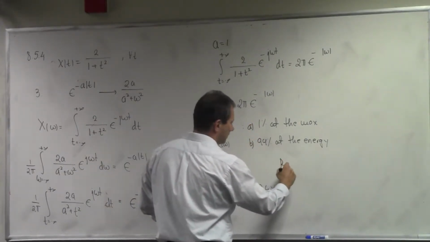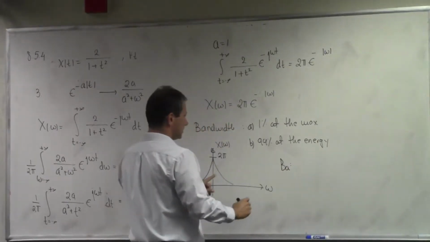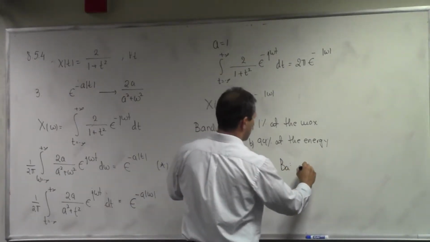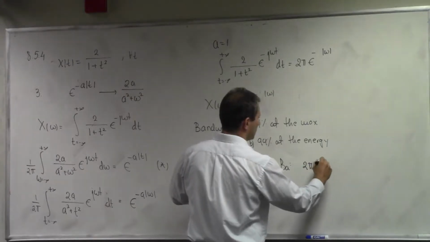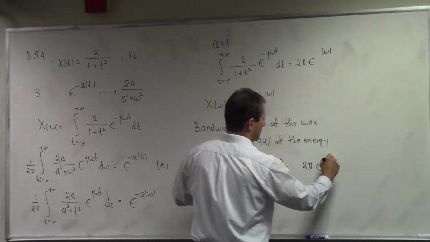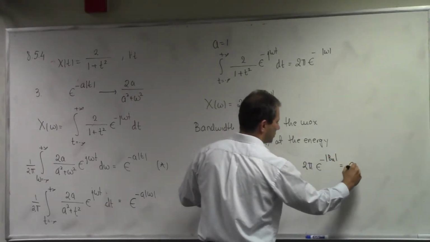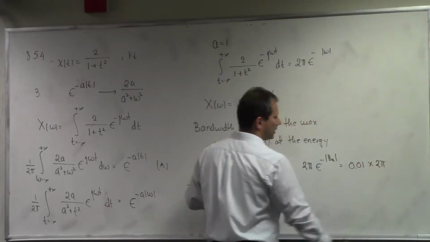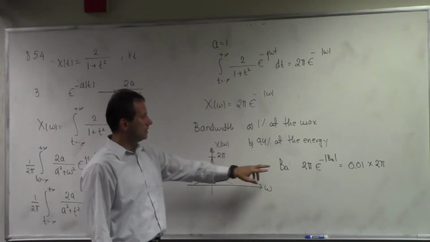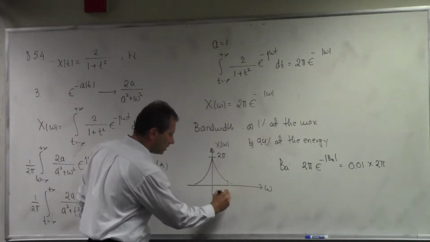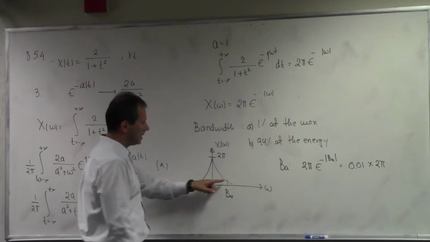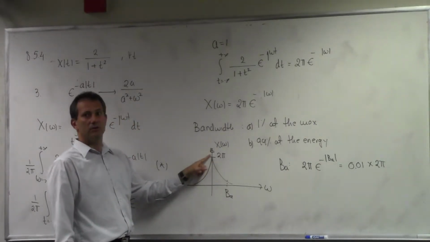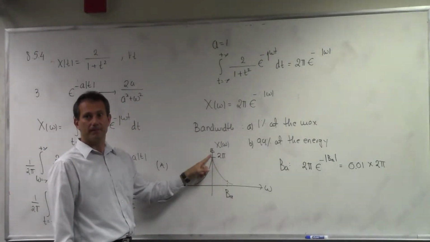So B_A, I'm going to determine as 2 pi e to the minus B_A equal to 0.01 times 2 pi. In other words, at this B_A point, you're going to be at 1% of the maximum magnitude, which is 2 pi.